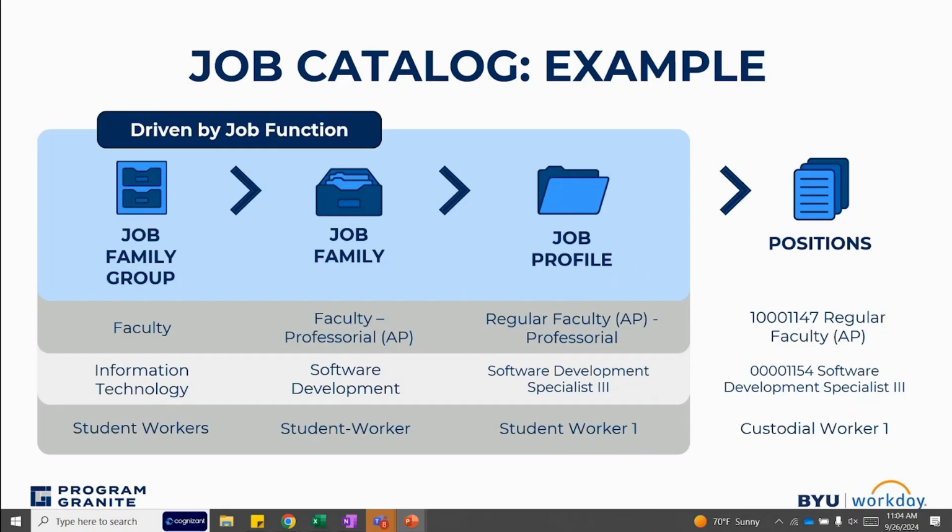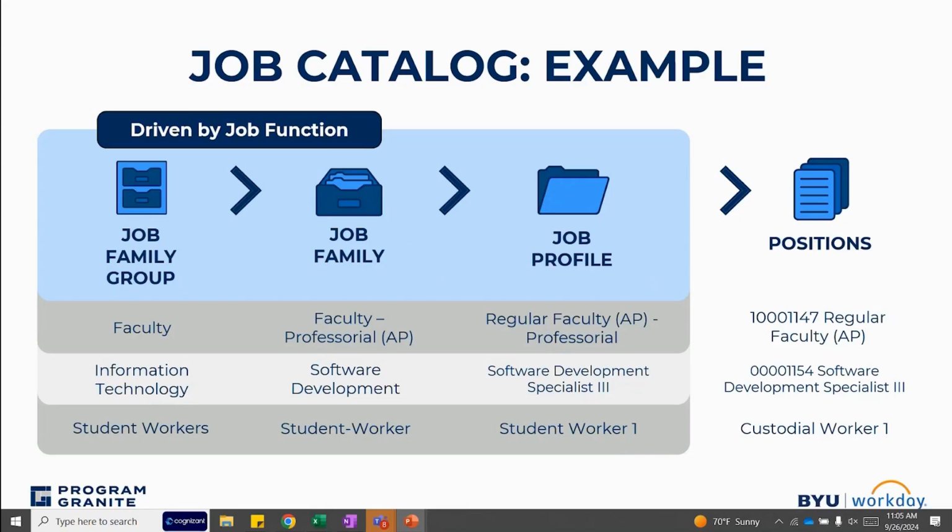So a job profile is different than a position, which is different than a worker, right? A job profile is attached to a position, and the job profile is basically telling us what type of job this is. So in the faculty example, that top row, the job profile would be a regular faculty professorial profile.